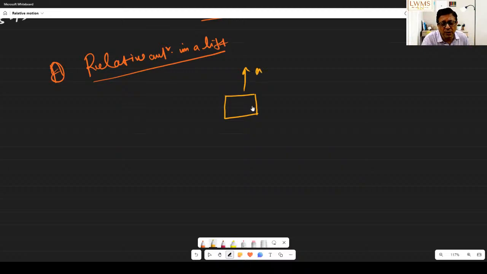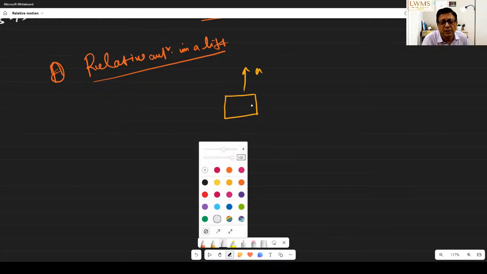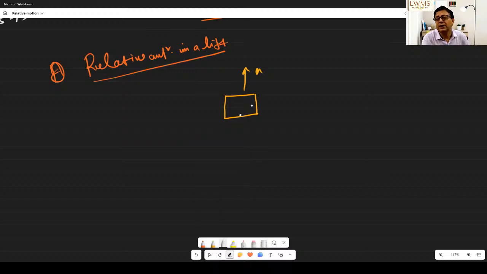A stone is thrown from here in upward direction. Suppose it is thrown with velocity u. This is the lift. Stone is thrown upward with velocity u. Your problem is to find the time of flight.